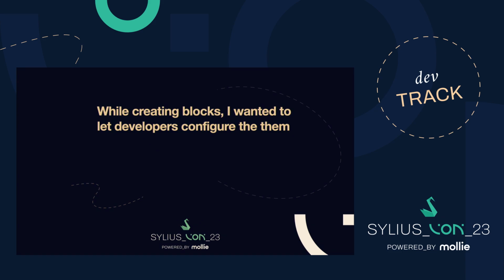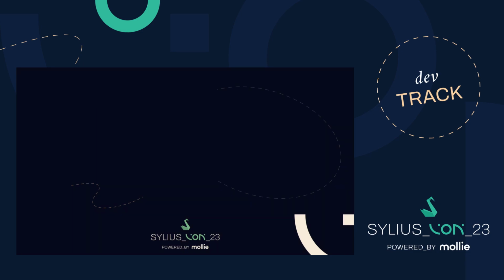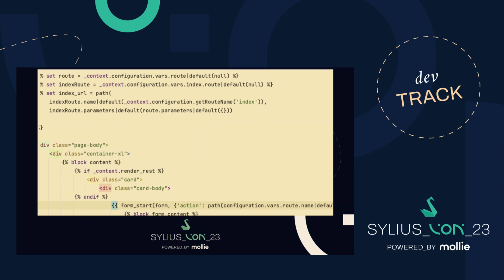And going deeper. While creating blocks, I wanted to let developers configure them. And let's visualize how it works now. Here we have some configs, like we have context configuration, which we get route name index to probably do some, let's say, cancel action. You click the button, you are redirected back to the index. Also, we configure what the form action is.